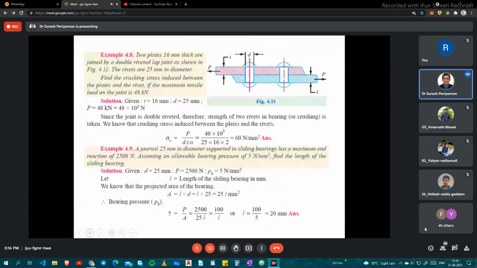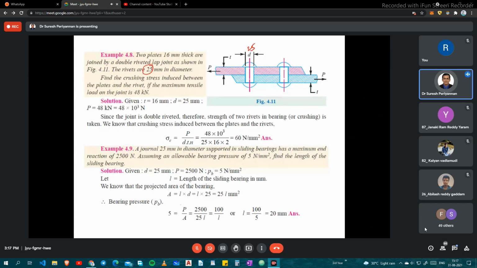Now I come to another simple problem. Two plates 16 mm thick are joined by a double riveted lap joint as shown in the figure. The rivet diameter is 25 mm. Find the crushing stress induced between the plates and the rivets if the maximum tensile load is 48 kilonewton.